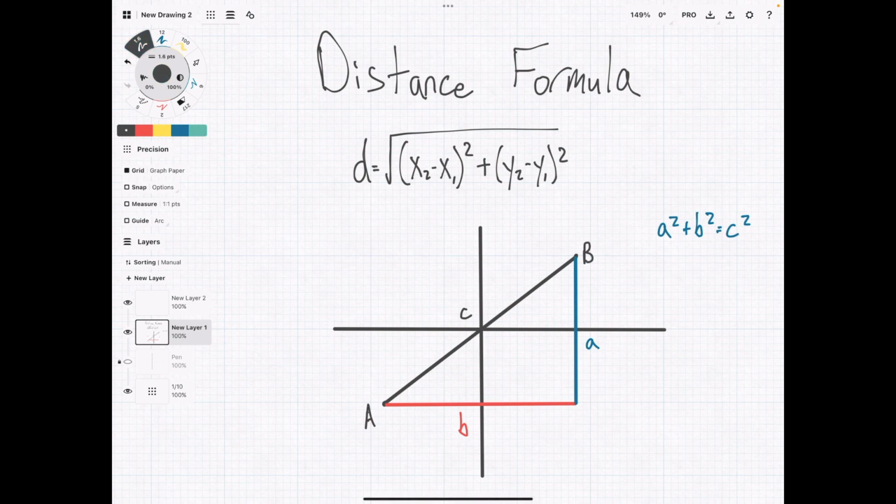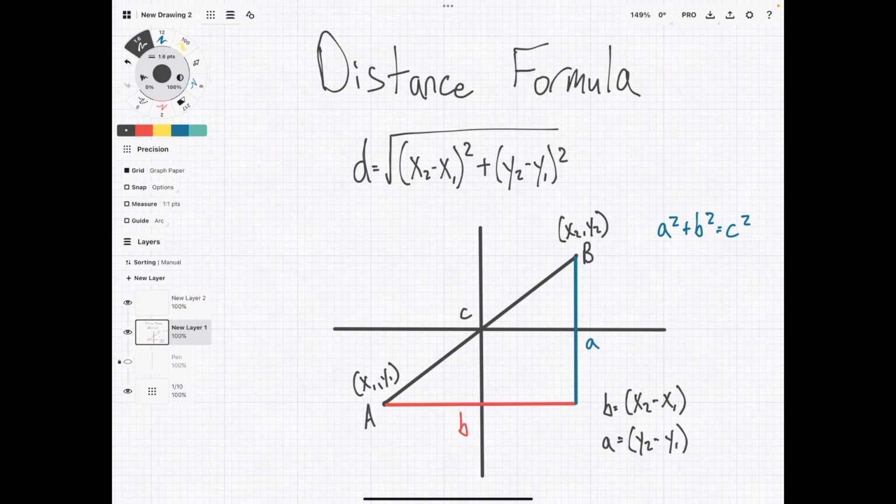Next, if this is point x1, y1, and this is point x2, y2, we can figure out what these lengths are. So b is going to be equal to the difference in the x values, so x2 minus x1, and then a is going to be equal to the difference in the y values, y2 minus y1.